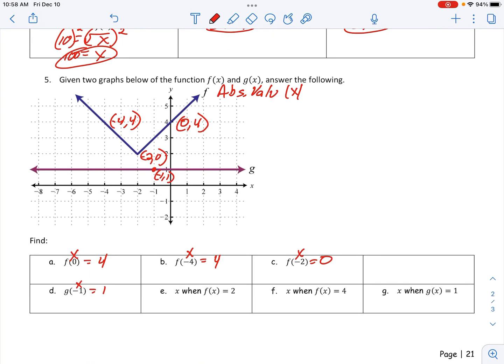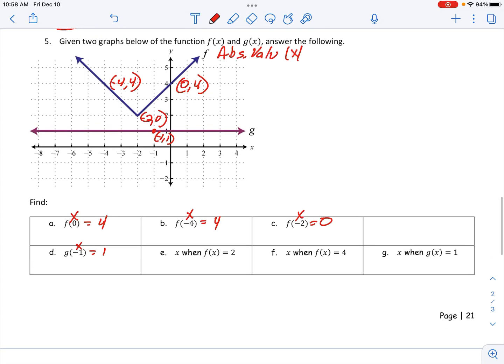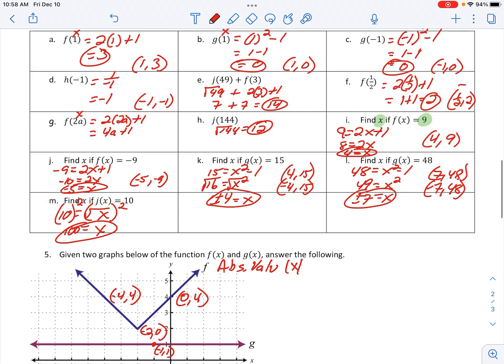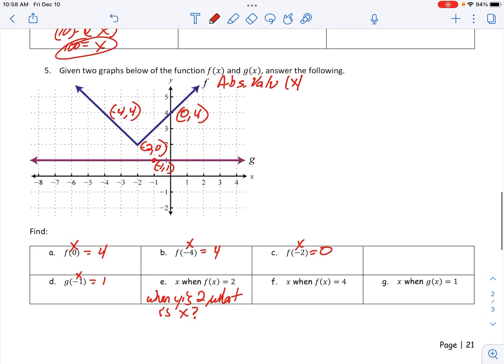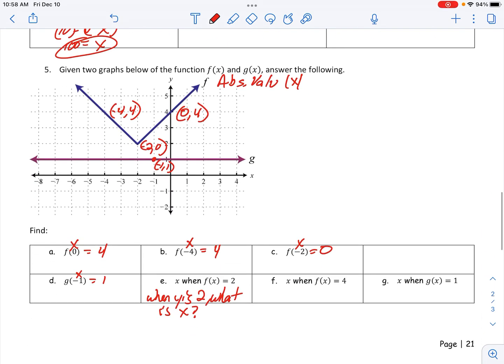Now on letter E, as we can see, it is written differently. The way that E is working is, it's saying, hey, when y is 2, what is x? So it is the reverse. That's what we did up there on I through M, where we had to create an equation. Here, I don't need to create an equation.